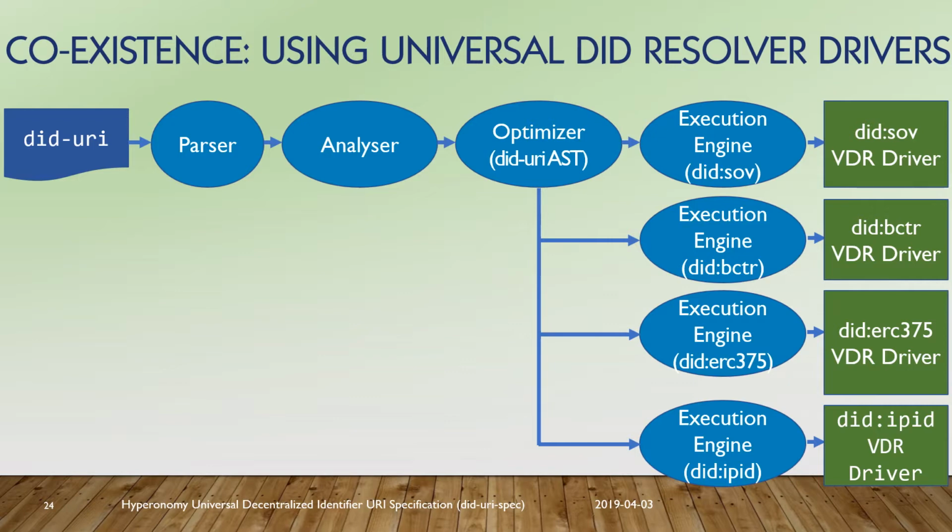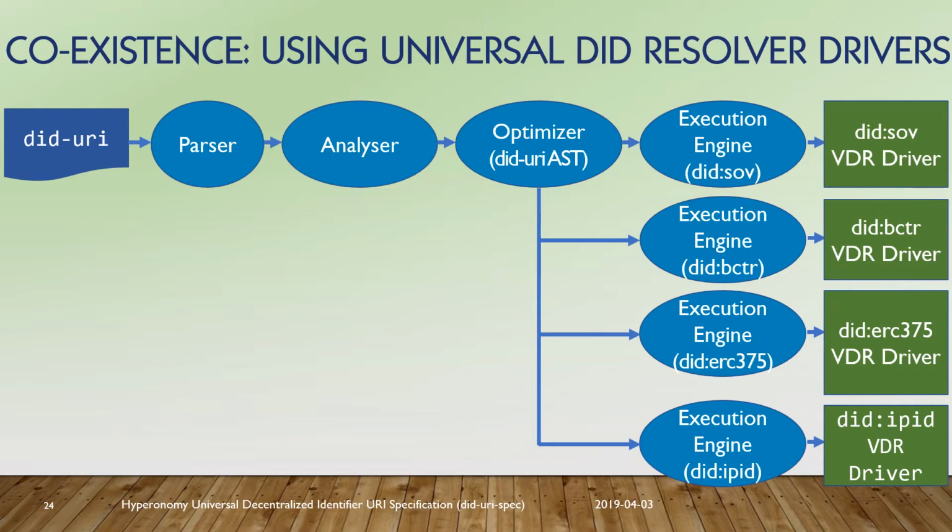So this allows us, from a coexistence experience, to actually write did-uris on top of the did ABNF URLs.